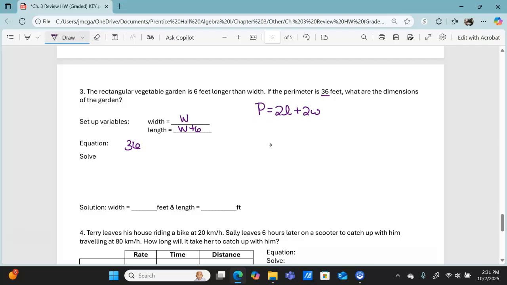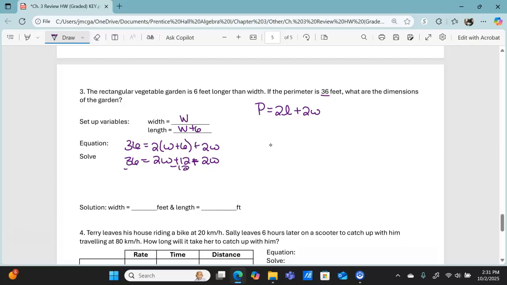And that's going to equal twice the length, but the length is W plus 6, plus twice the width, which we call W. So we have 2W plus 12 plus 2W equals 36.